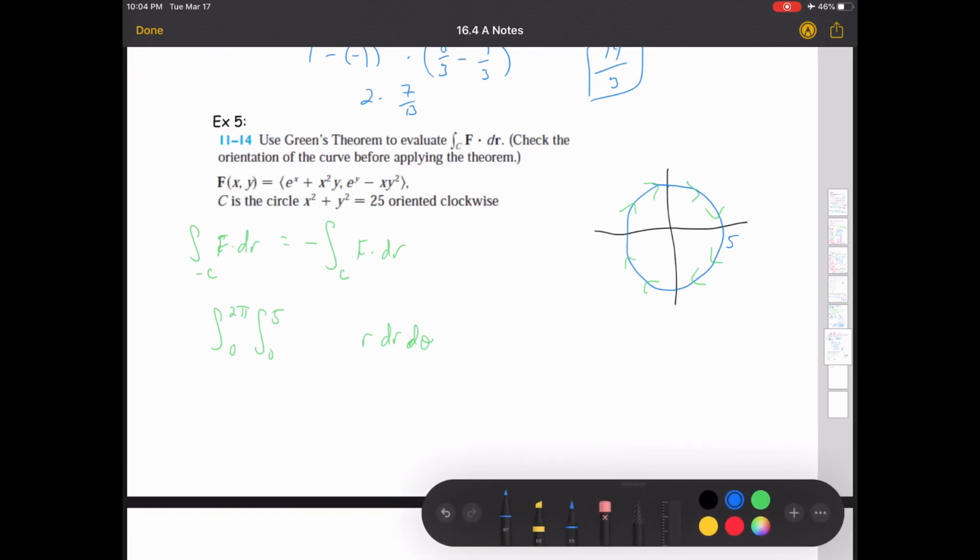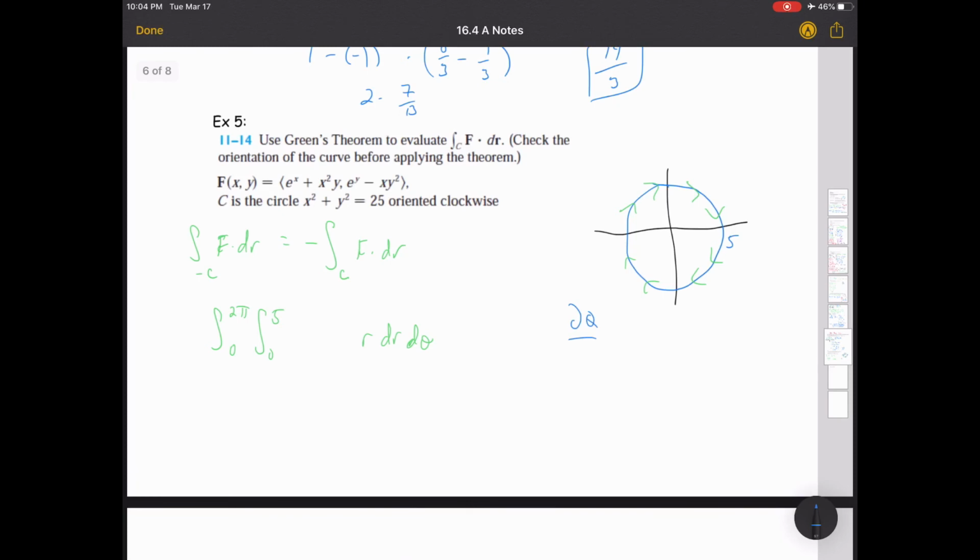Let's go back to blue for this. dQ/dx, so remember that this is Q, so the derivative of that with respect to x is just going to be minus y squared. And then dP/dy, that's this piece right here, with respect to y, that's just going to be x squared.